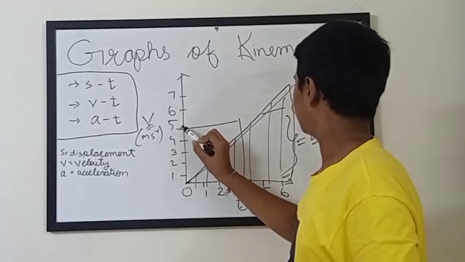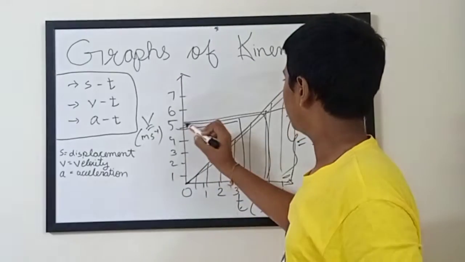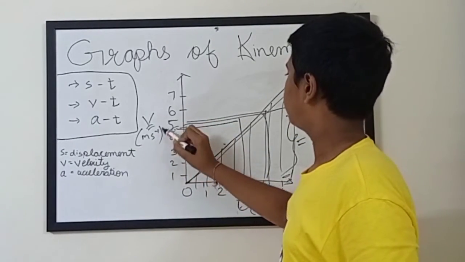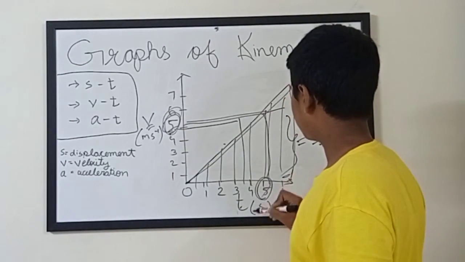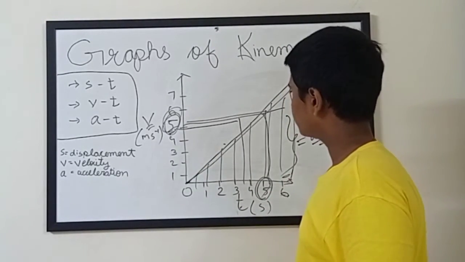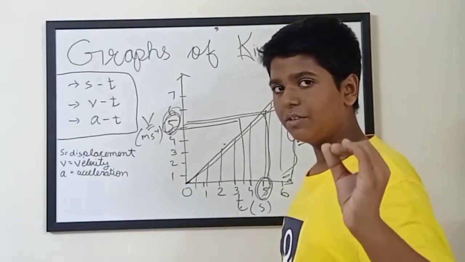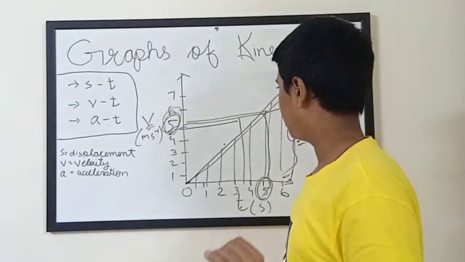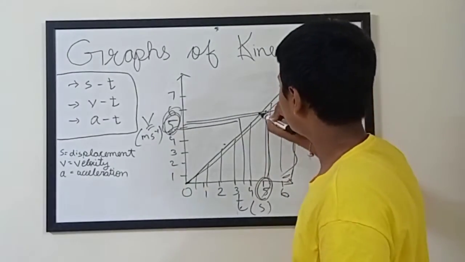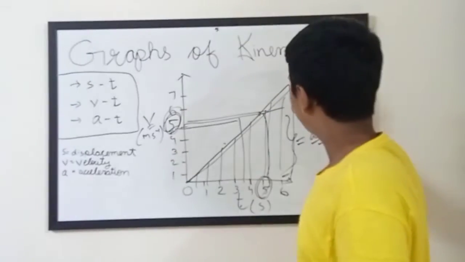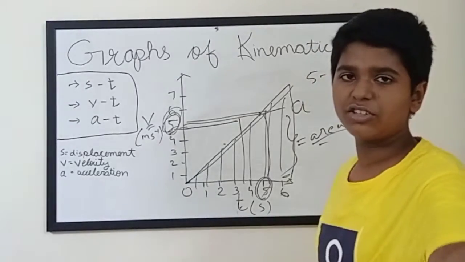Here I can easily draw a line like this. Now 5 meters per second is the velocity here and the distance is covered in 5 seconds. So change in velocity divided by time gives us our acceleration. So here, what is the final velocity of the object? Final velocity of the object is 5, minus the initial velocity of the object.